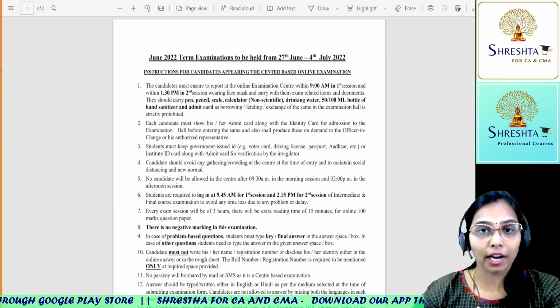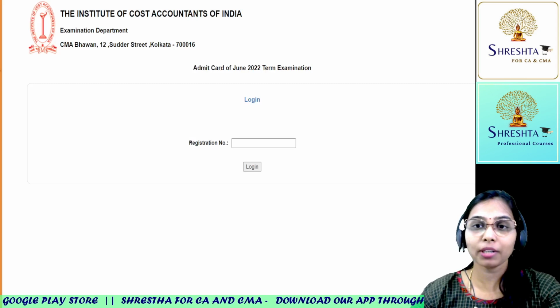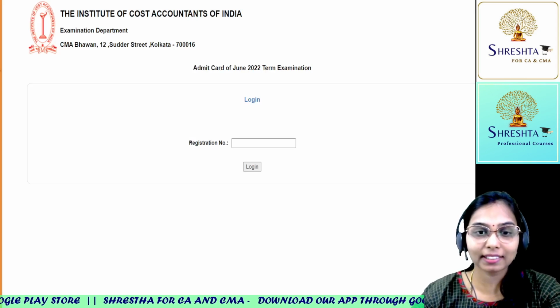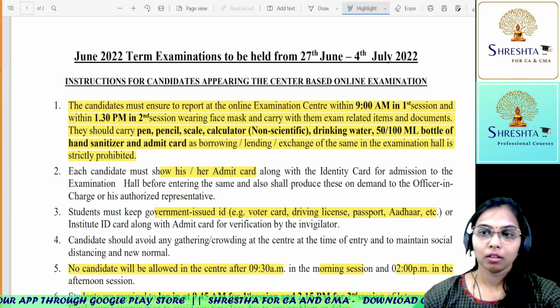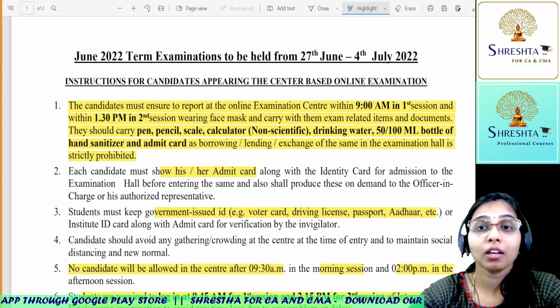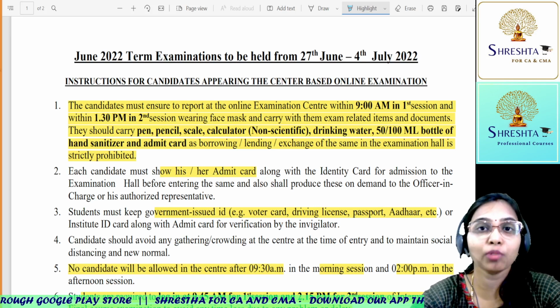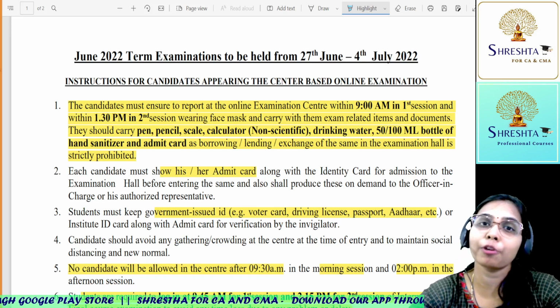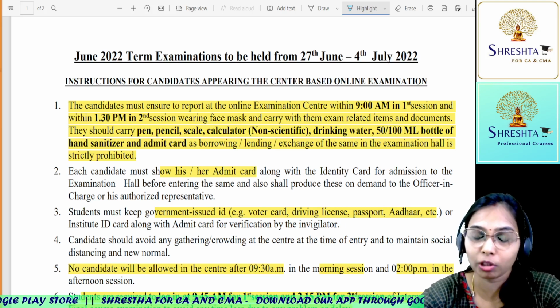Now before we go ahead, there are some instructions which our institute has provided. Let's see those instructions. So students, as we know, our CMA examination, inter as well as final, the dates are from 27 June till 4th July 2022, right?